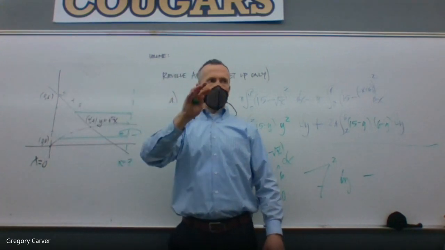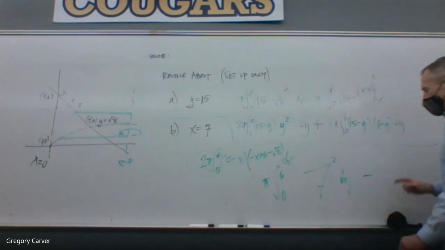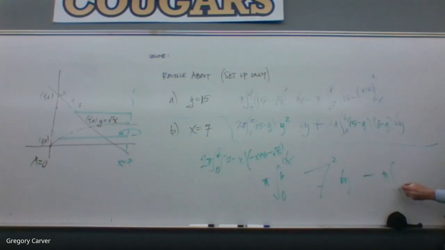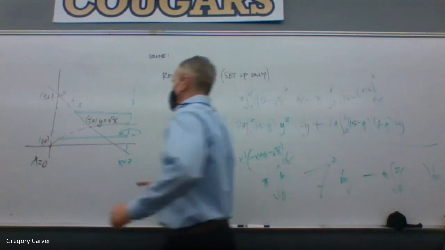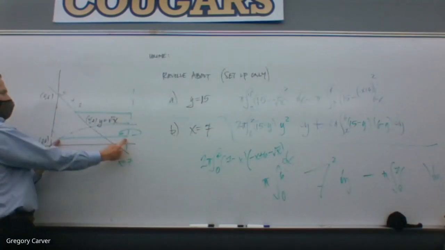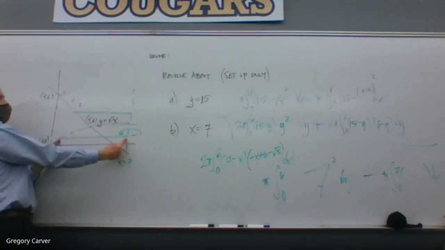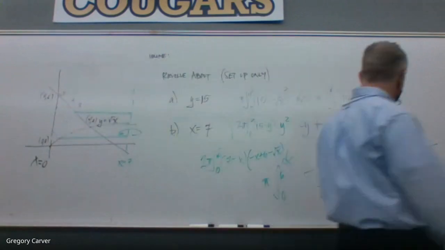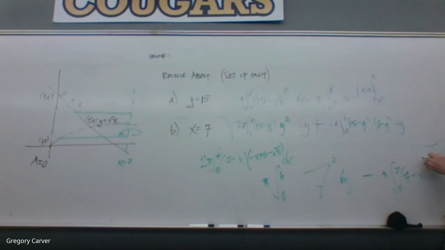Is everyone okay with what I'm saying? Okay, perfect. So I'm going to take away that pi. Let's go 0 to 2 first. dy. What is that? 7 minus x. Can't have an x, it's a dy. This is going to be y squared.